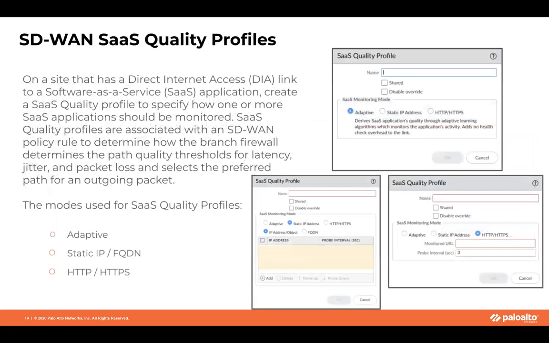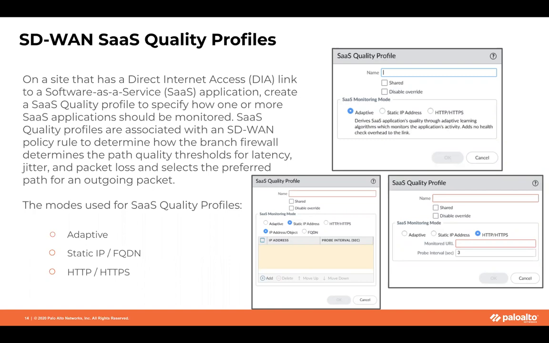Another feature introduced as part of the 10.0.3 release was the SD-WAN SaaS Quality Profiles. If you remember, I initially talked about DIA or internet offload monitoring, where our probing only went as far as the next hop, which was usually your internet provider modem or switch.